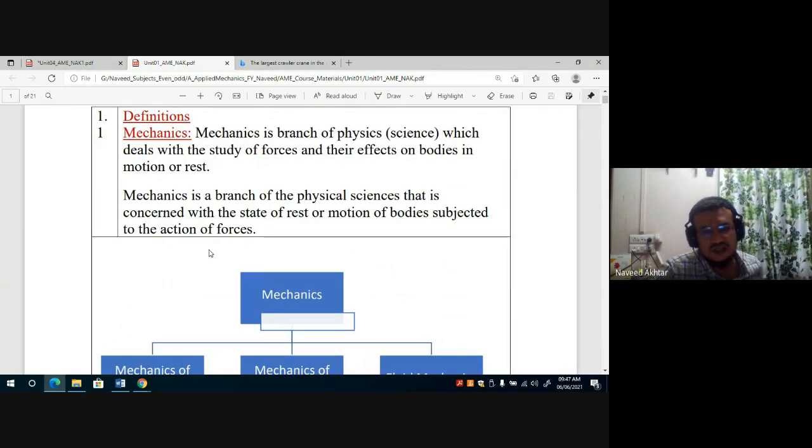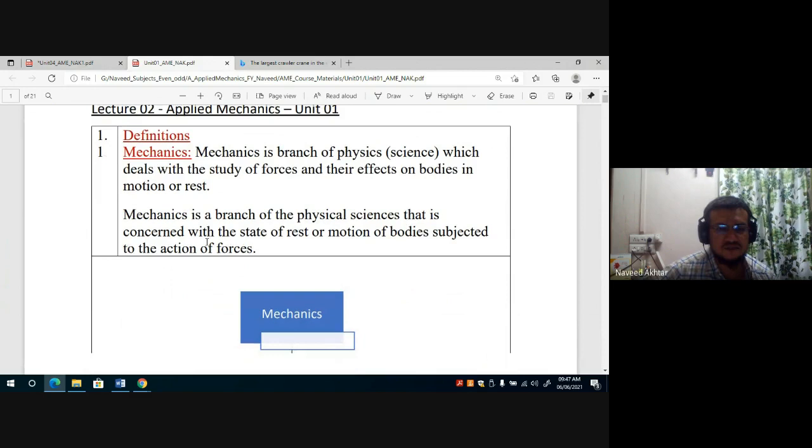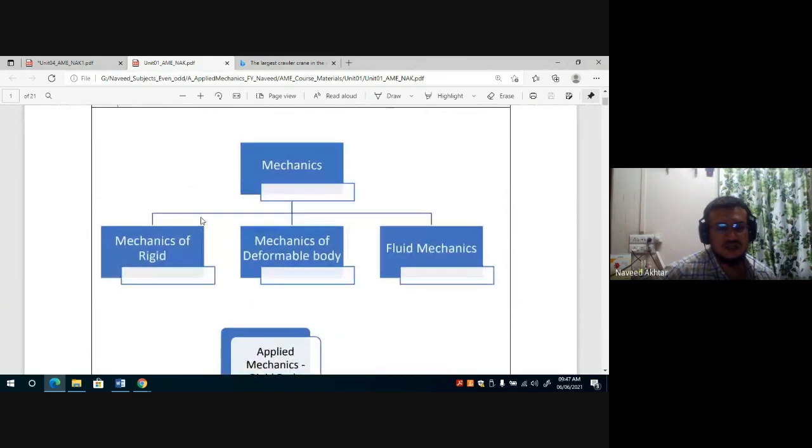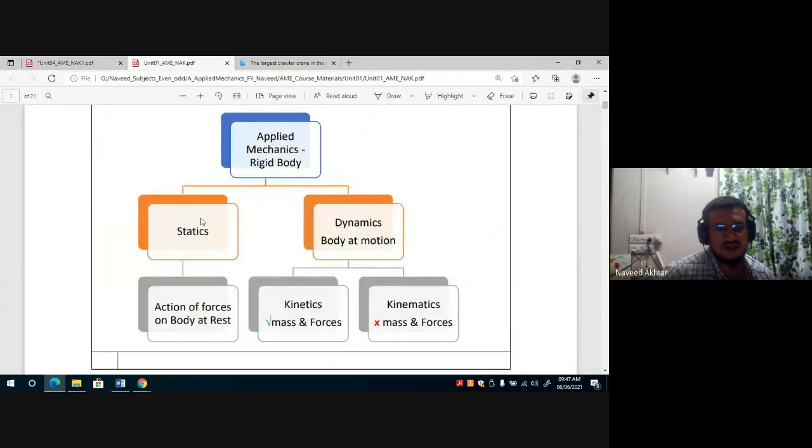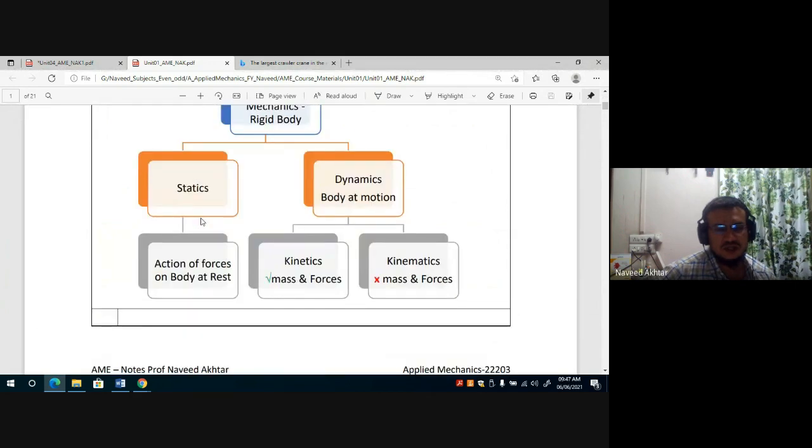branch of physics which deals with the study of forces and their effect on bodies. It may be on motion or at rest. If the body is in a rest condition, that is called static, and a body in motion is called a dynamic body.